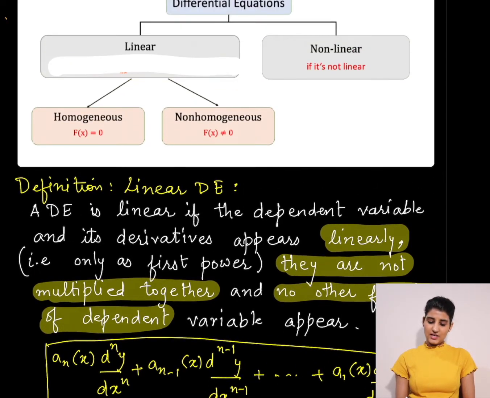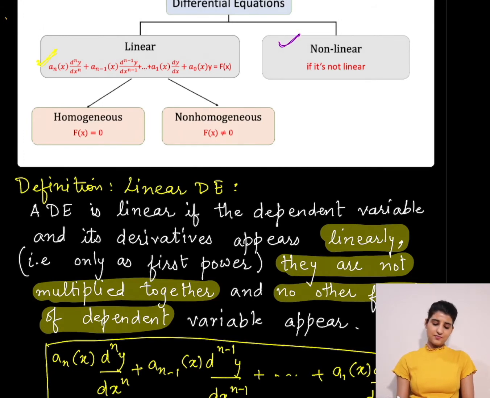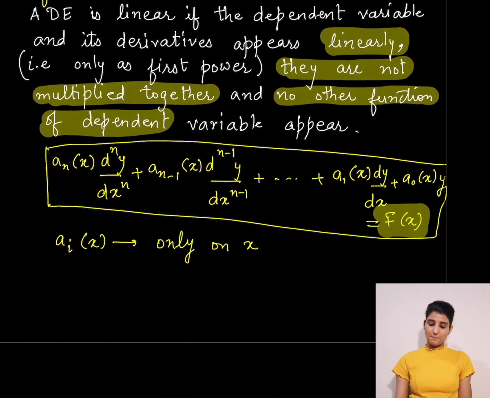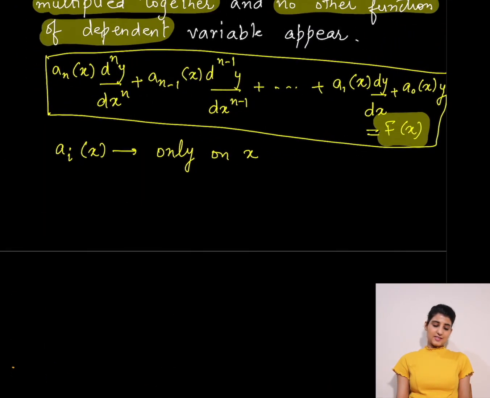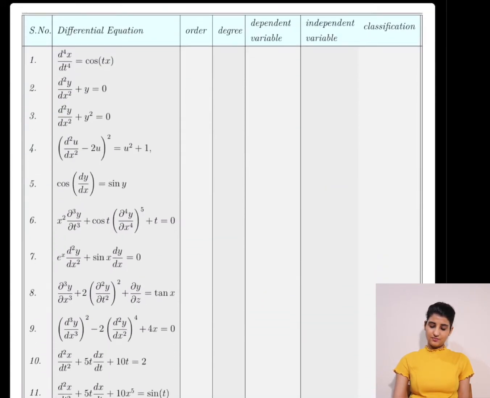So in this diagram we have how a linear equation looks, and non-linear is if it's not linear. Homogeneous is if f(x) is 0, non-homogeneous is if f(x) is not equal to 0. Okay, so now let's go ahead and see some examples.